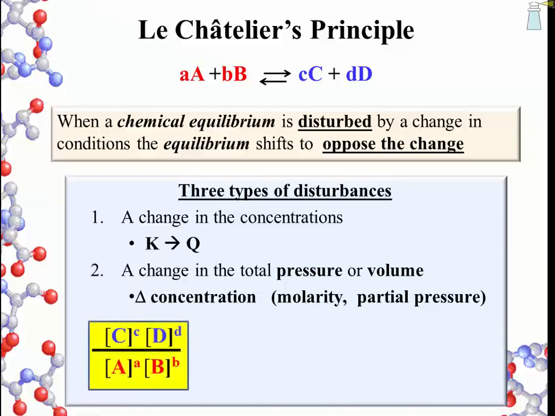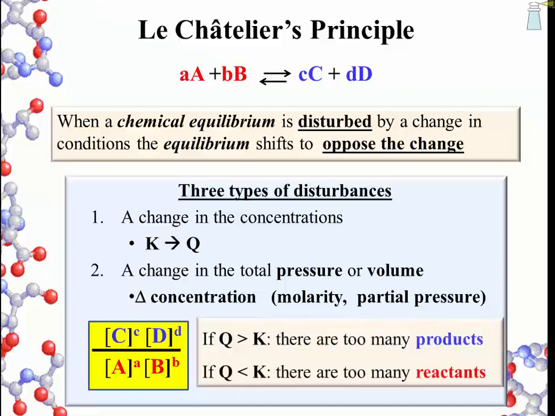The equilibrium shifts to oppose that change. We ask ourselves how the concentrations need to change to get the ratio back to K. That follows the same thought process that we used in the introduction to the reaction quotient.